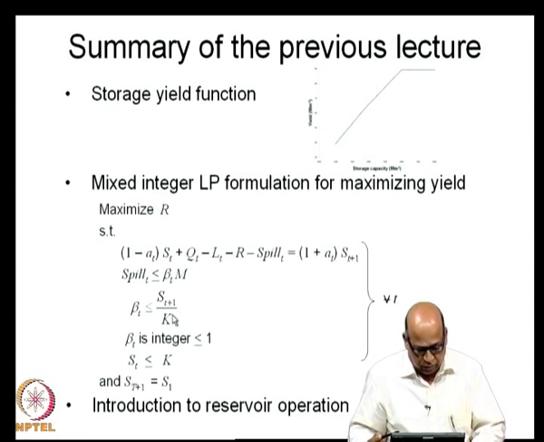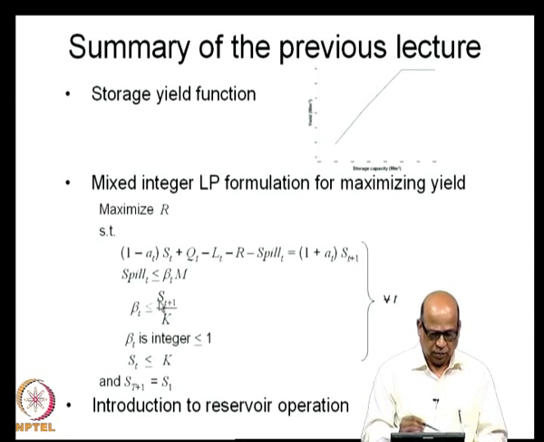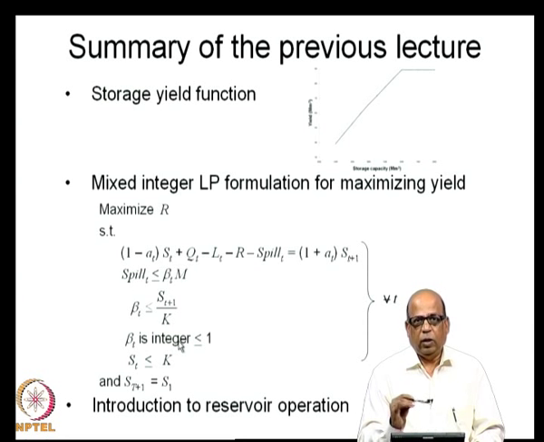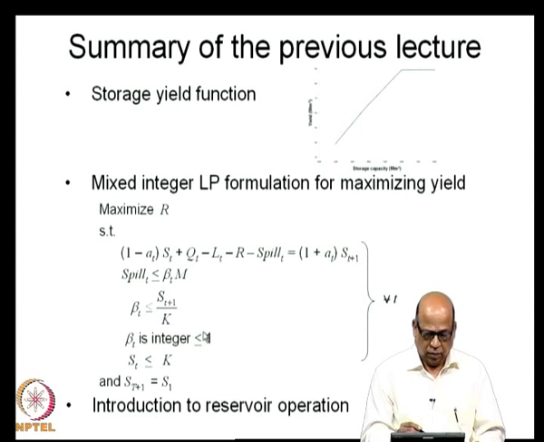Just look at this formulation. I explained this in the last class, but for completeness' sake let me repeat it. What we are saying is that beta_t is an integer which is less than or equal to 1, which means that beta_t can take on a value of either 0 or 1.